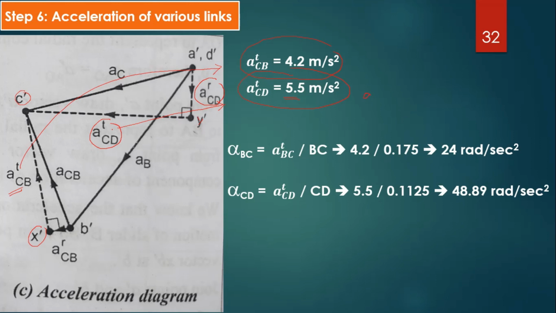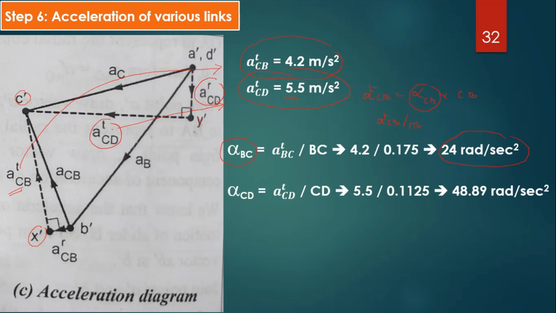We know that the tangential component of acceleration of CB is equal to alpha CB into the length of the link CB, right? So alpha CB is equal to the tangential component of acceleration of CB divided by CB, which is 24 radian per second squared. This is the angular acceleration of the link BC.